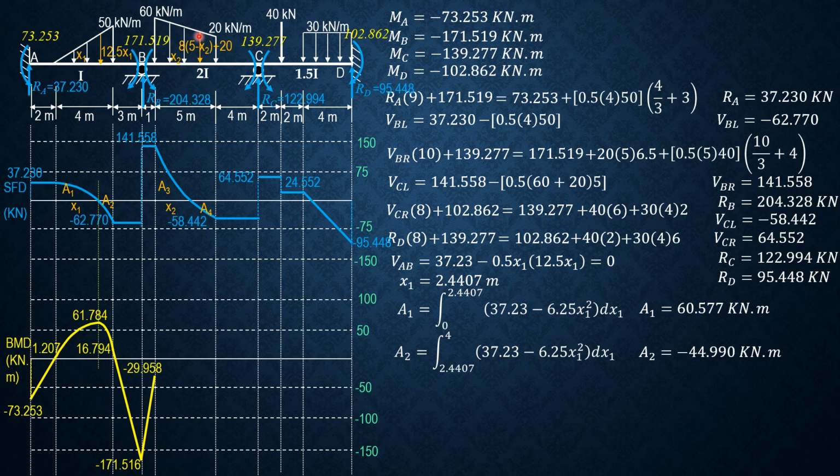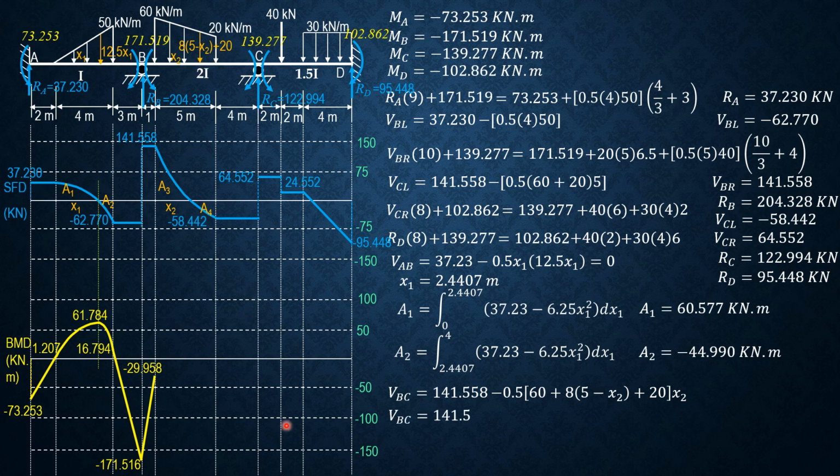Therefore, the height of the intensity of this loading up to x2 is 8 times 5 minus x2 plus 20. So therefore, the intensity of this loading is 8 times 5 minus x2 plus 20.